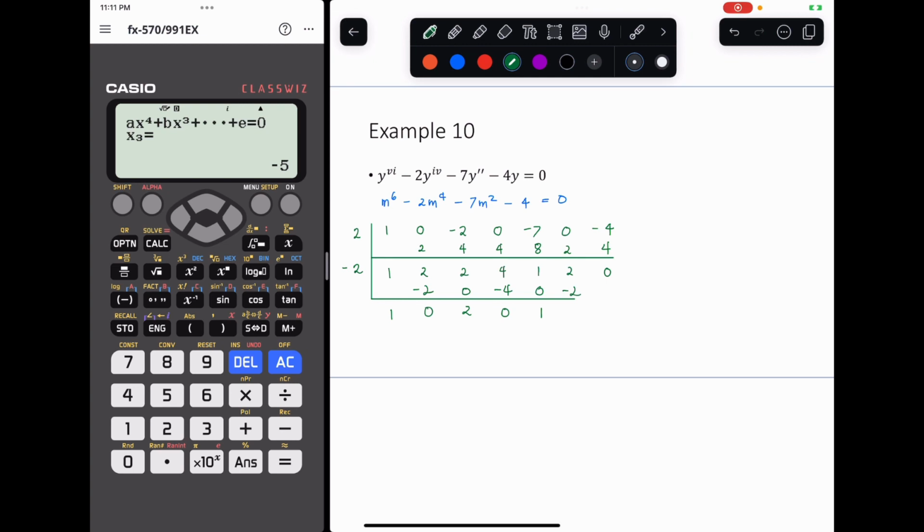So I'll have a positive 2 and a negative 2. So 1, negative 2, 0, 0, 2, negative 4, 0. 0, negative 2 is 0, 1, 0, 1, negative 2 is 0. Okay.